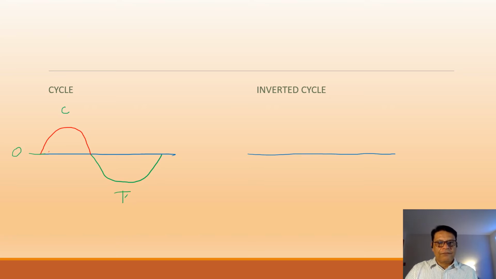So when you flip the cycle, it starts from a trough and ends with a crest. So this is the trough and this is the crest. So this cycle is flipped. Now it is called an inverted cycle.